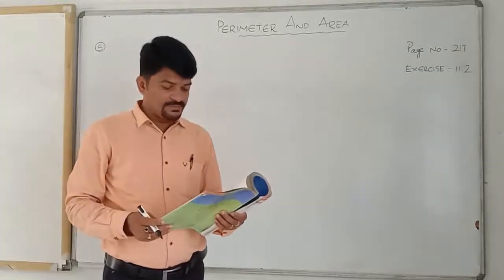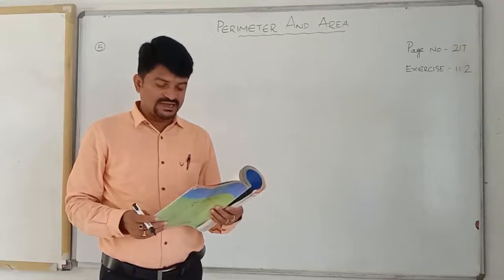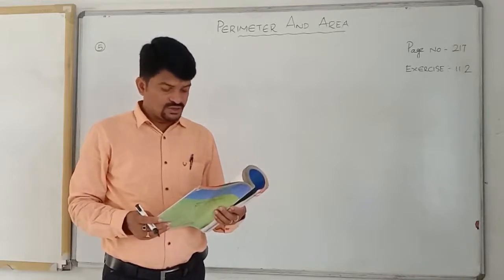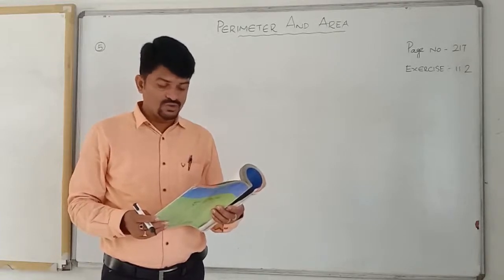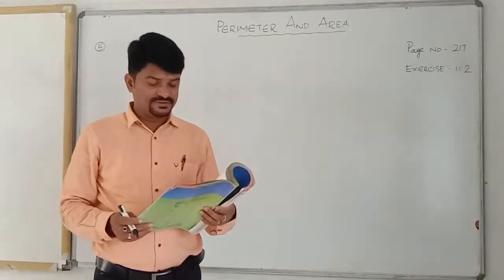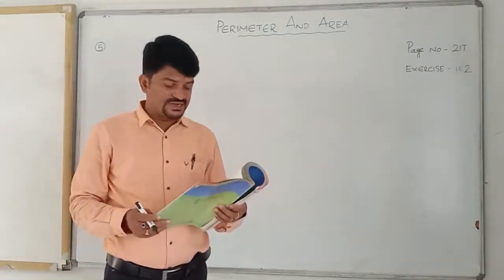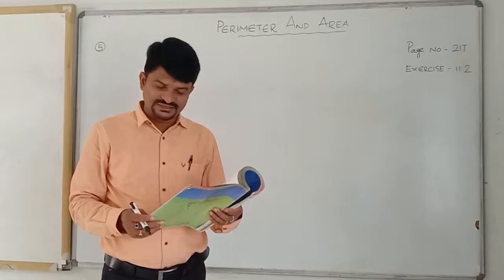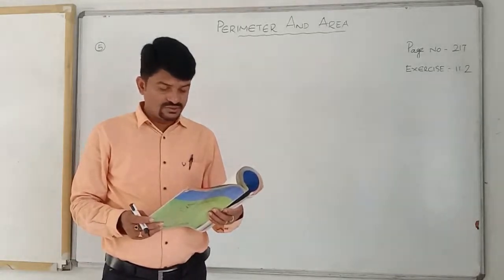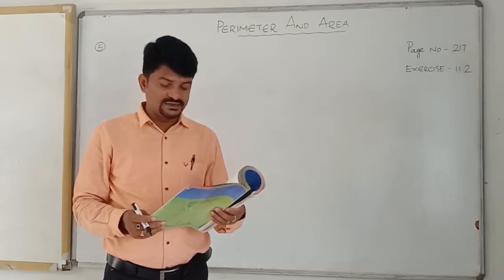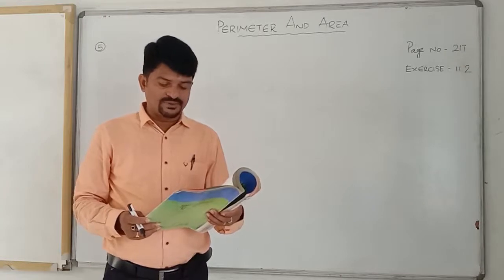PQRS is a parallelogram in figure 11.23. QM is the height from Q to SR and QN is the height from Q to PS. If SR is equal to 12 centimeters and QM is equal to 7.6 centimeters, SR is equal to how much? 12 centimeters. And find the area of parallelogram PQRS.